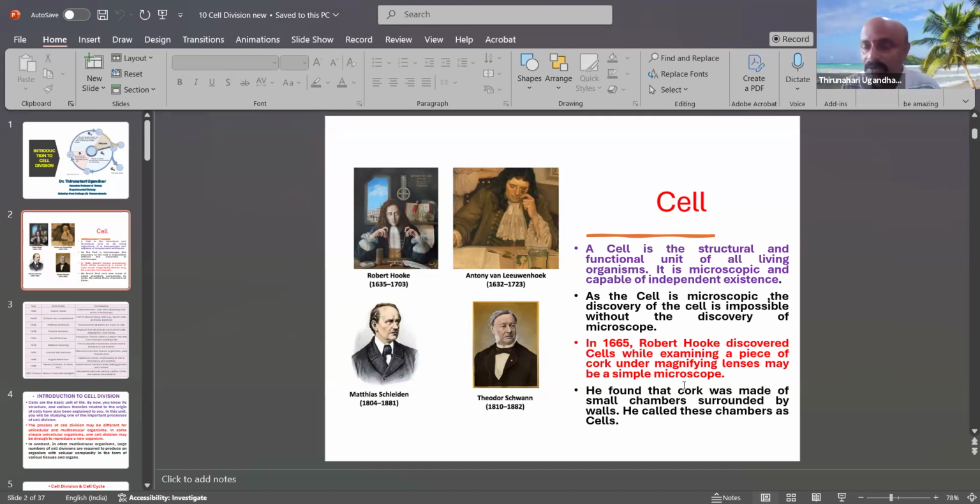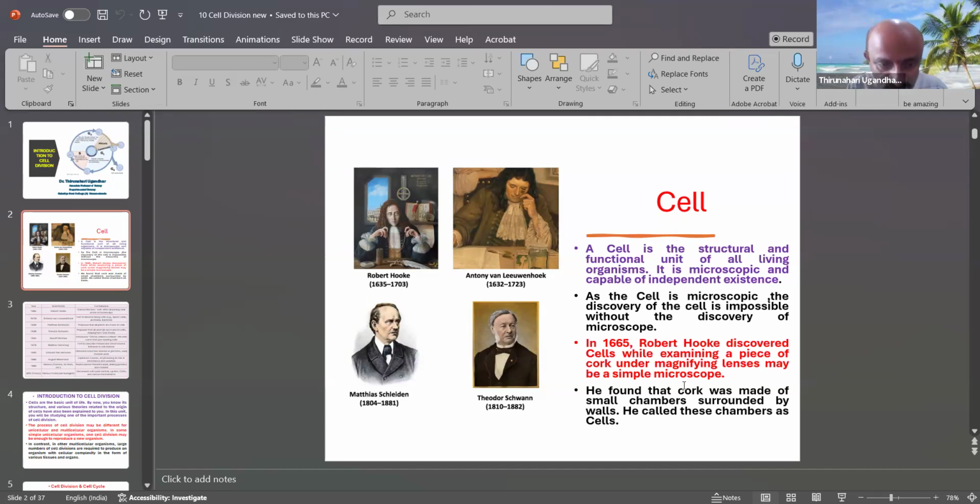The cork consists of several compartments, and each compartment is a cell. He found that cork was made of small chambers surrounded by walls. He called these chambers cells.